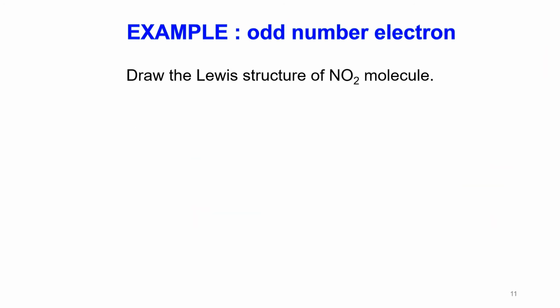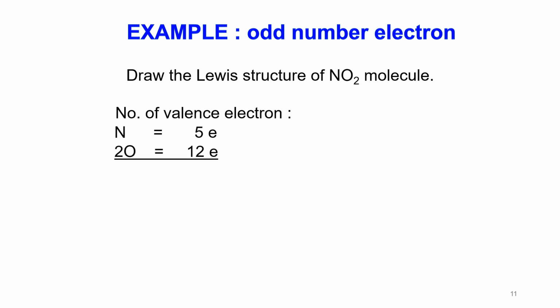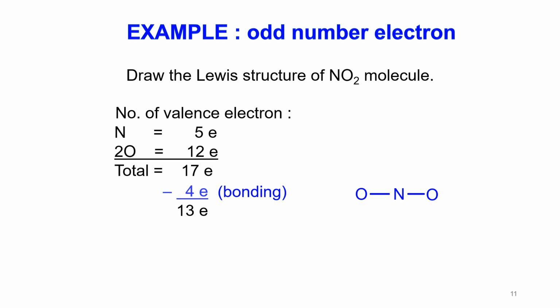Okay, odd number of electrons. Example, NO2: nitrogen 5, oxygen 6 times 2, total 17. The center atom is nitrogen and the terminal is oxygen. 2 bonds means 4 electrons.